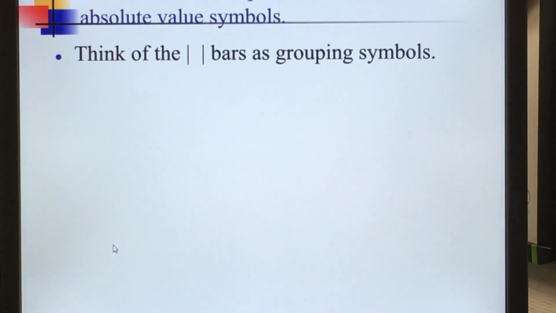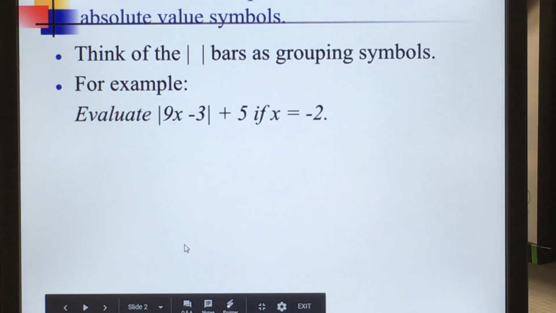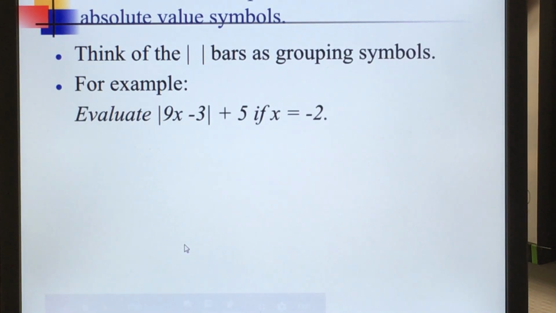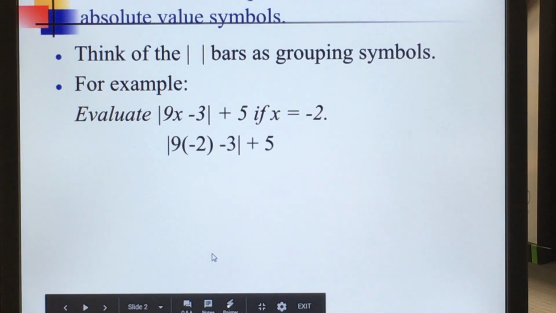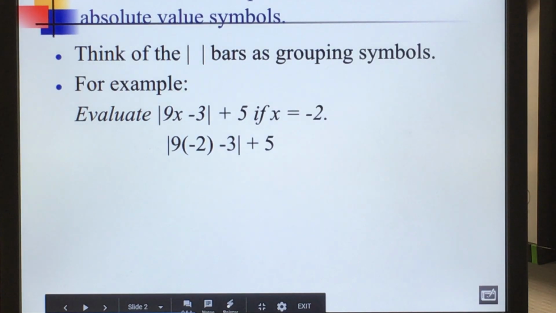Here's an example where we are about to evaluate expressions that contain absolute value symbols. We are going to use this later for checking our work. For example, evaluate the following if x is equal to -2. All we do is substitute the value -2 for x in the expression.